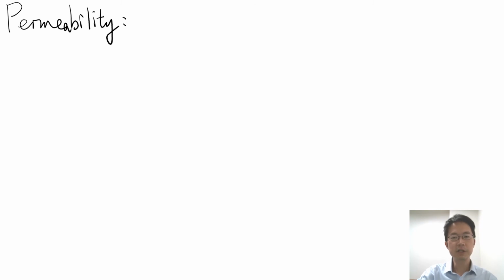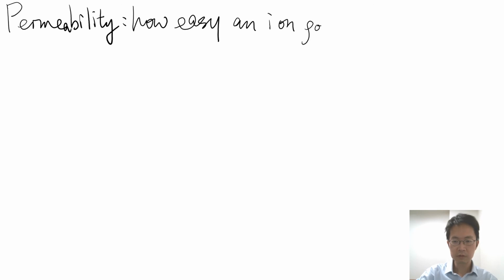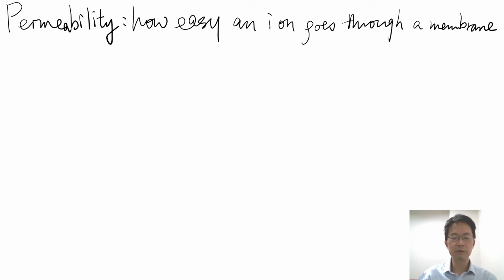Permeability, I can give you a simplified definition: it means how easy an ion goes through a membrane. This is a very simplified definition. How easy an ion goes through a membrane.